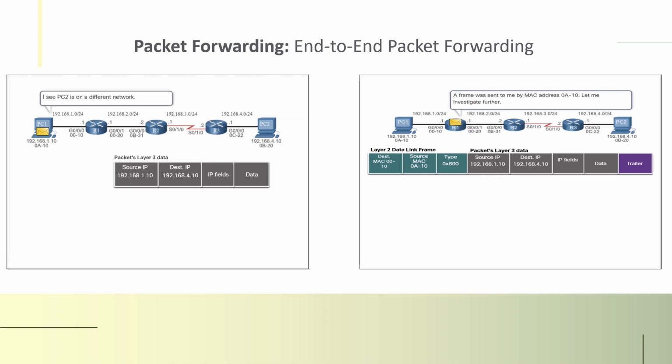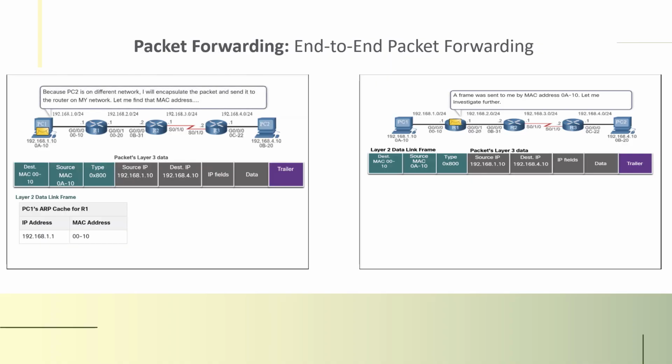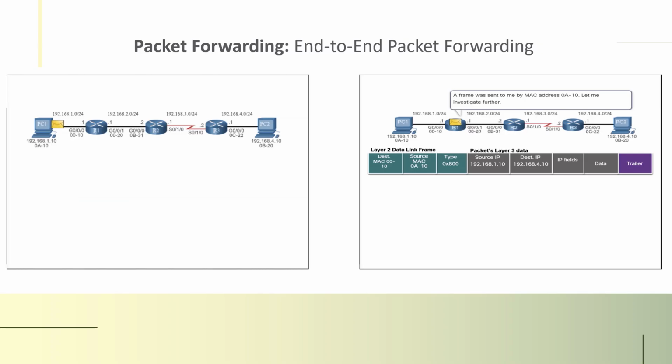PC1 will look in its ARP cache for the MAC address of the default gateway and add the indicated frame information. Remember that if an ARP entry does not exist in the ARP table for the default gateway, PC1 sends an ARP request, and then Router 1 would return an ARP reply with its MAC address.